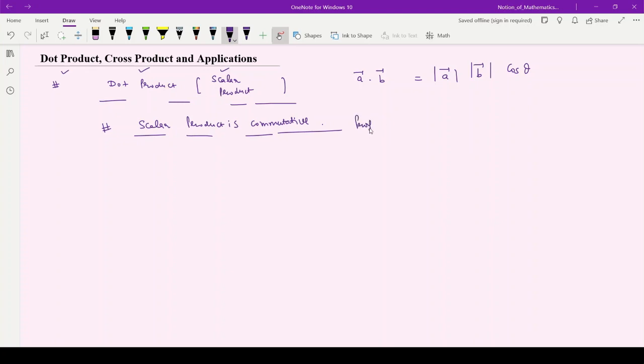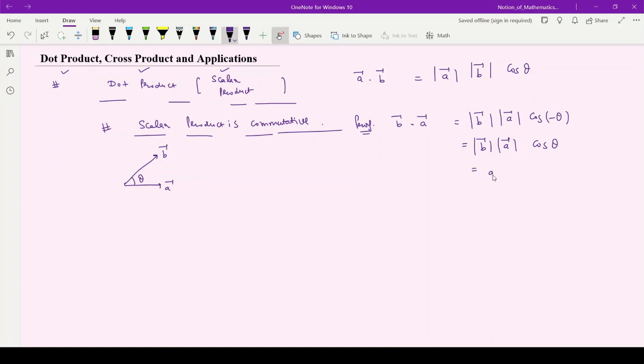Its proof is like this: if I consider B vector dot A vector, it is mod B vector mod A vector into cosine of minus theta, where theta is the angle between these two vectors, A vector and B vector. So this is theta, and we know it is B vector A vector into cosine theta.